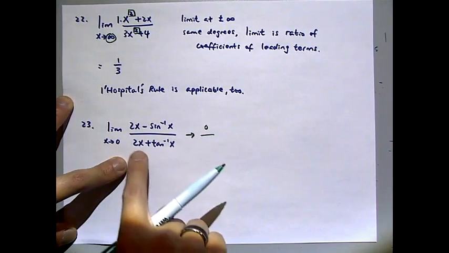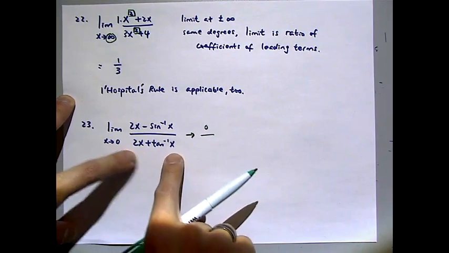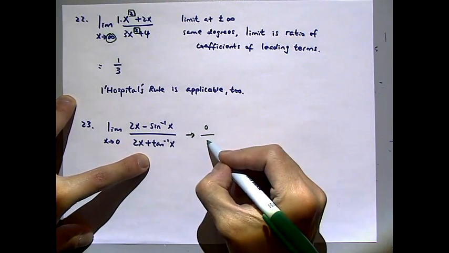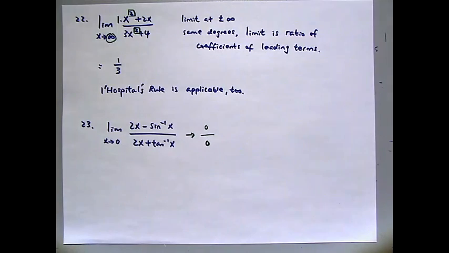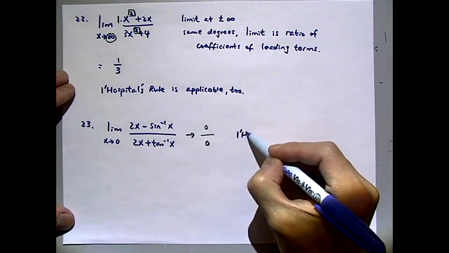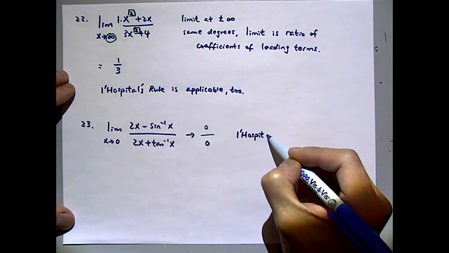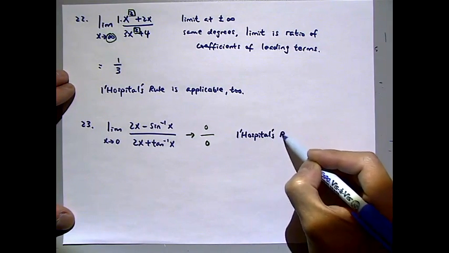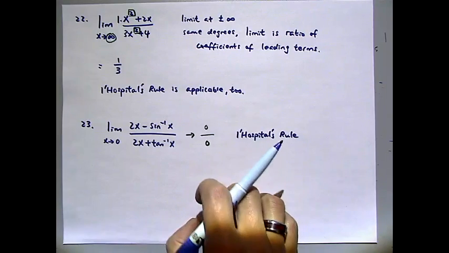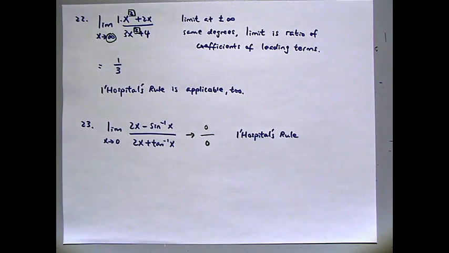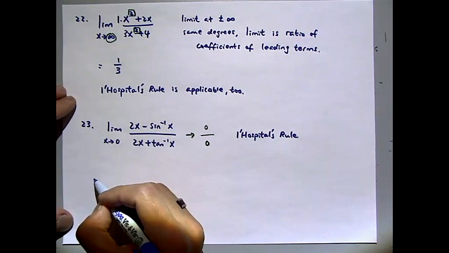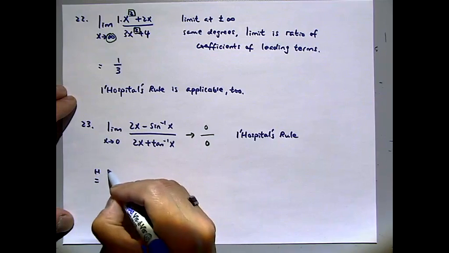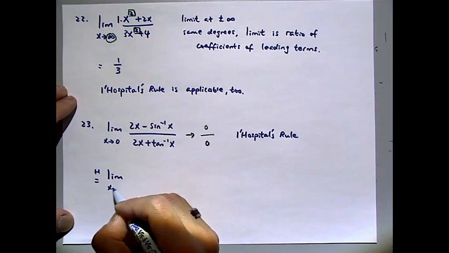Downstairs, when x goes to 0, that's a 0. Inverse tangent of 0 is also 0. Okay, so because we got infinity over infinity or 0 over 0, we can use L'Hopital's rule. It doesn't seem like we have any other choice, so that's what we'll do.